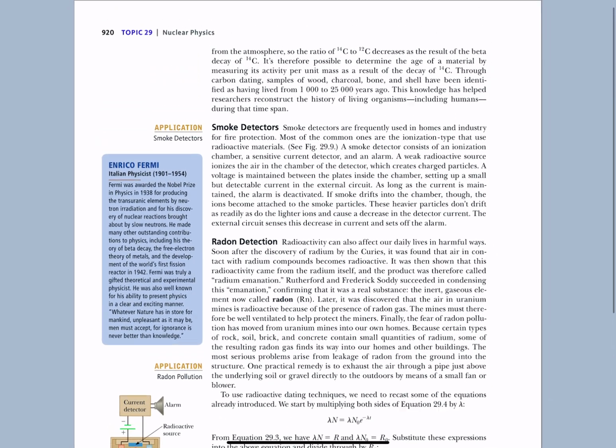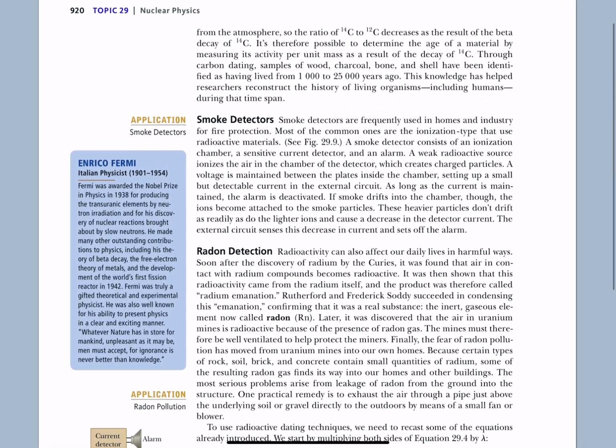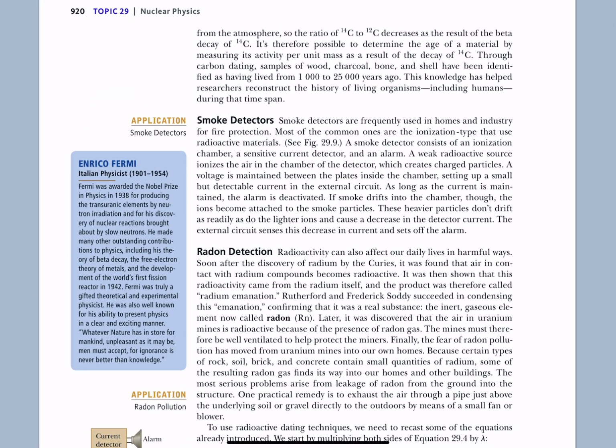Now, we need to keep in mind that the original quantity of carbon-14 in any sample is quite small. So the number of half-lives you can measure is limited. We estimate that you could maybe get 7 or 8 half-lives out of a sample.